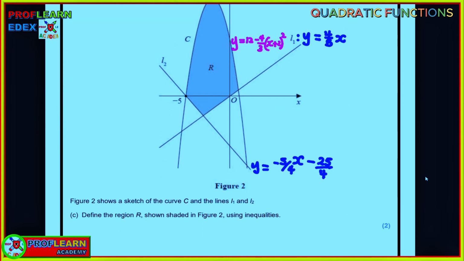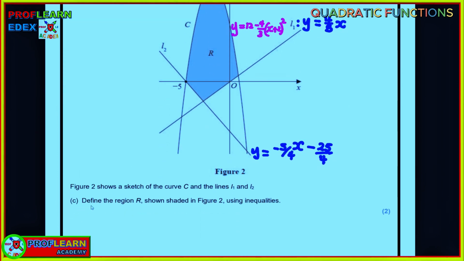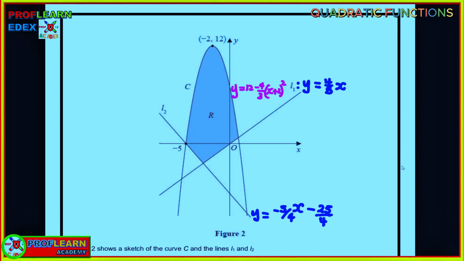Now, these are the equations that we have, but we are told to define the region R using inequalities. This is not different from what we were doing at O level, whereby you are given, I remember in this channel we did questions that were having region R like that.